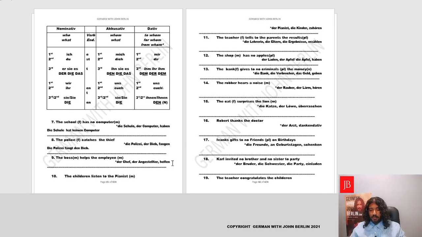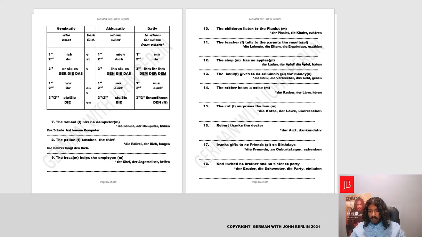Perfect. Moving forward, the boss helps the employee. Interesting sentence. The verb is to help. Now when you say help, will it be who helps whom, or will it be something else? Now we need to remember, help is a hidden dative verb. It is not who helps whom. Rather, in German it translates as who gives to whom help.